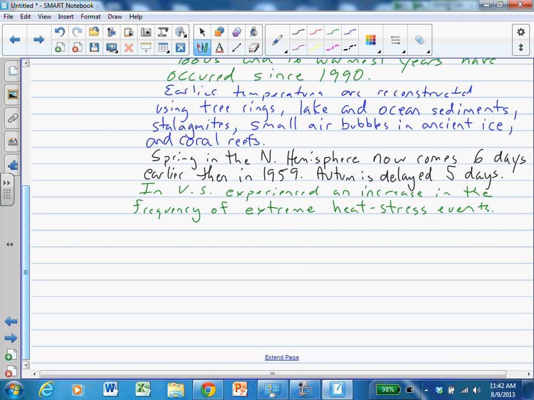Sea level rise is now increased to 3 centimeters per decade.